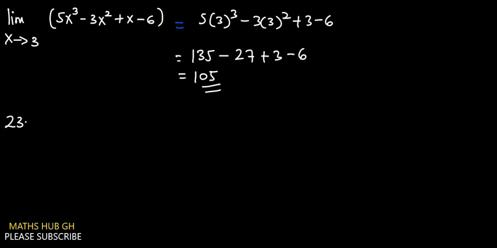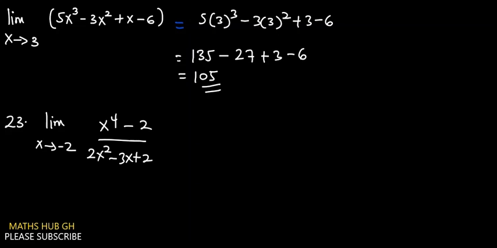Let's find the limit as x approaches minus 2 of x to the power 4 minus 2, divided by 2x squared minus 3x plus 2.